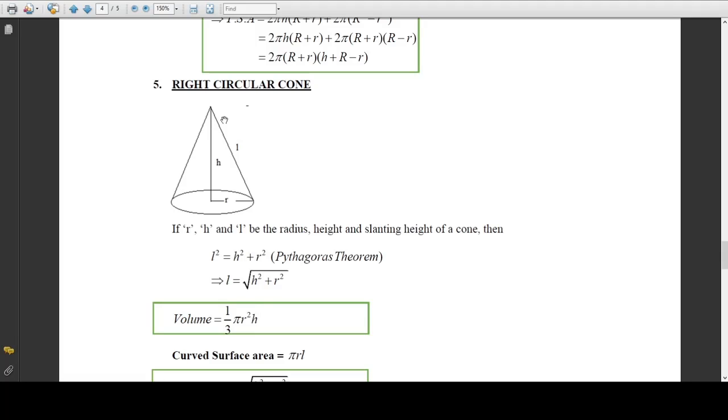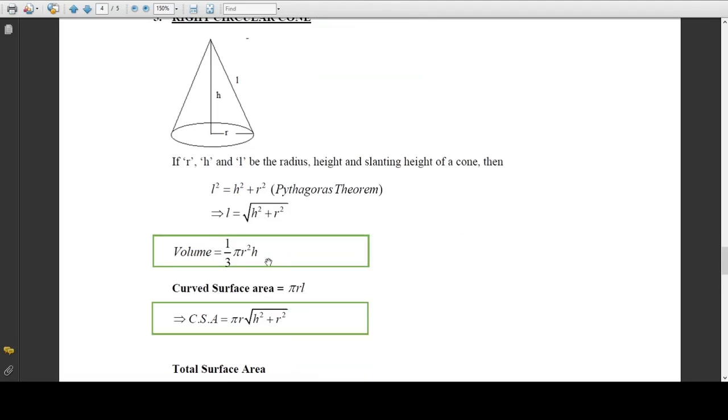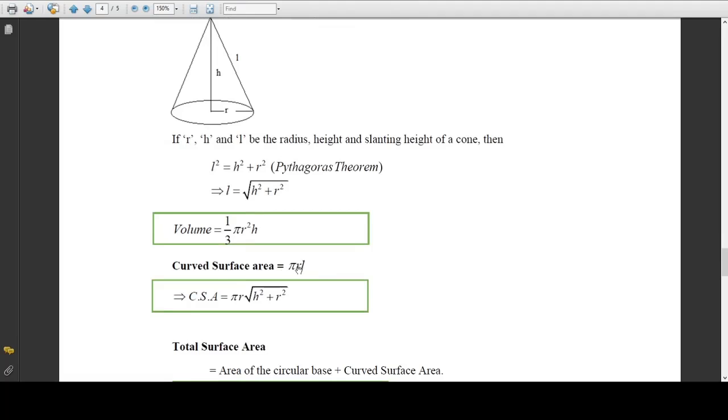Now the curved surface area of the cone will be given by pi r l, where L is the slanting height. From this step we have calculated that L should be root over of h square plus r square.